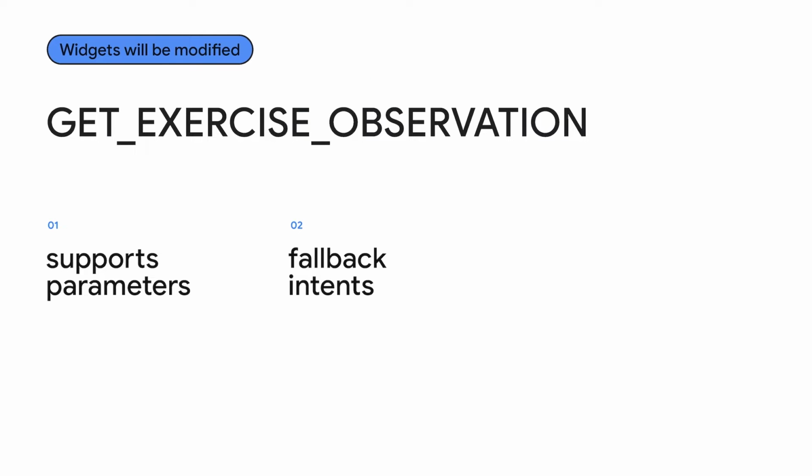Since we're implementing App Actions into the widget flow, we'll need to factor in a few considerations. The Get Exercise Observation BII supports parameters and requires a fallback intent. We'll go into depth on these two items later in the workshop. For now, the parameter considerations can be interpreted as the user requesting a specific type of exercise, like "show me my last run," where run will be pulled from the user's query and set to the parameter.